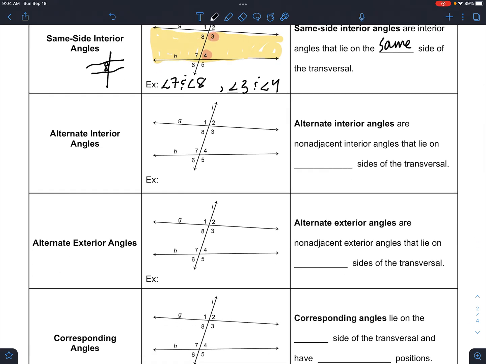Alternate interior are also in the interior. So we could copy this. But instead of being on the same side, they're actually on opposite sides. So something like 3 and 7.